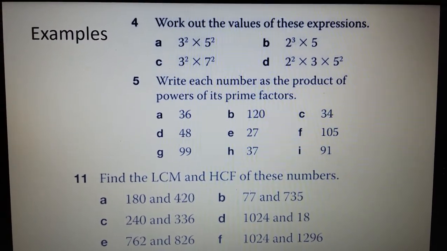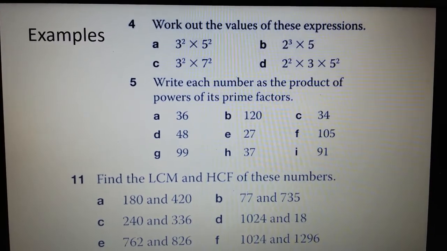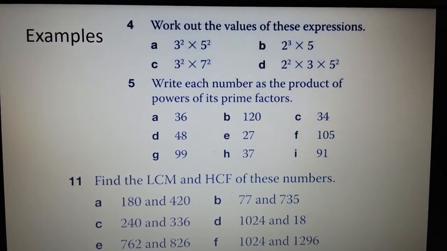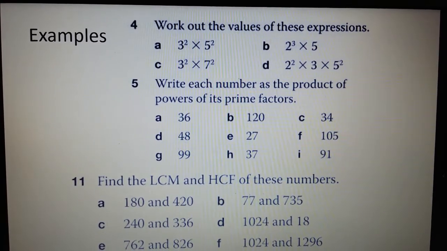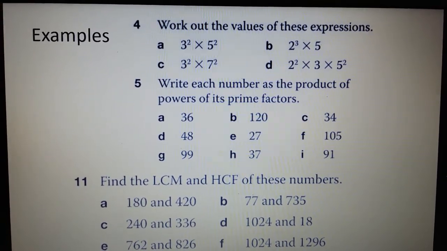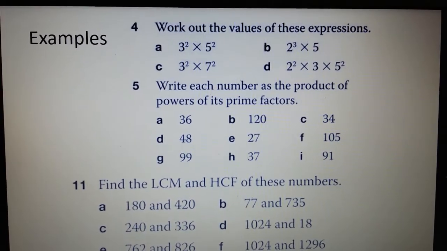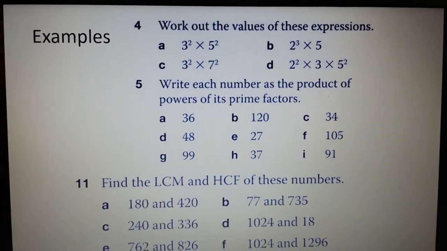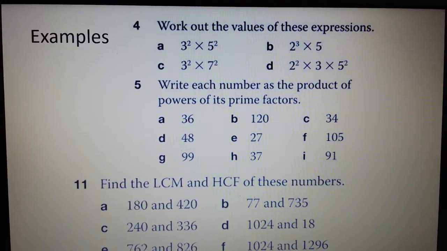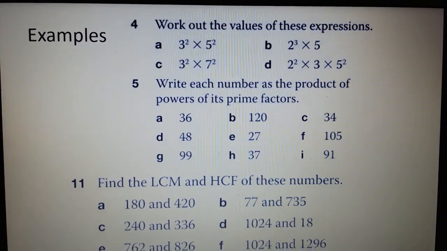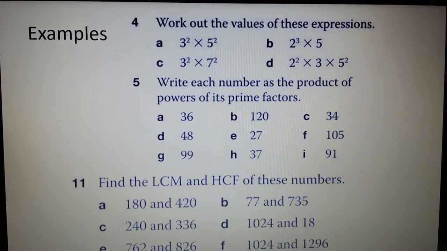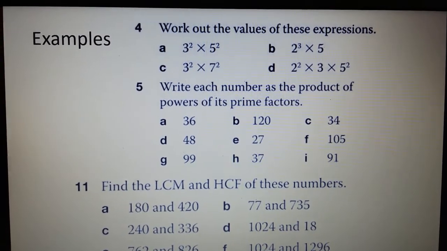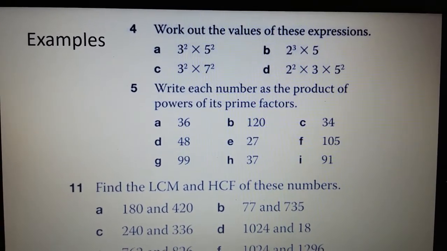If you look at D, you've got 2 squared, or you might consider that 2 to the power 2, multiplied by 3, multiplied by 5 squared, or 5 to the power 2. So 2 squared, to start with, is 4, times 3 gives me 12, and then times that by 5 squared, which is 25. 12 times 25, I make that to be 300.